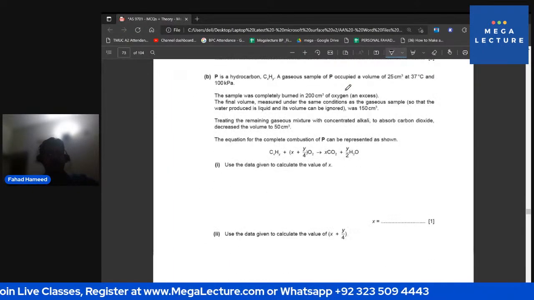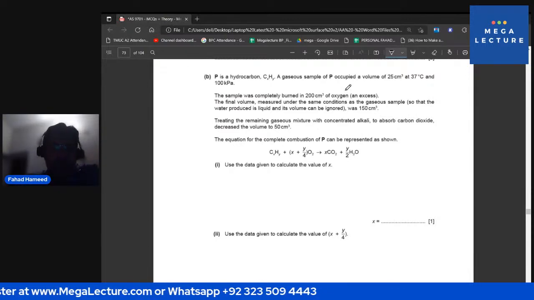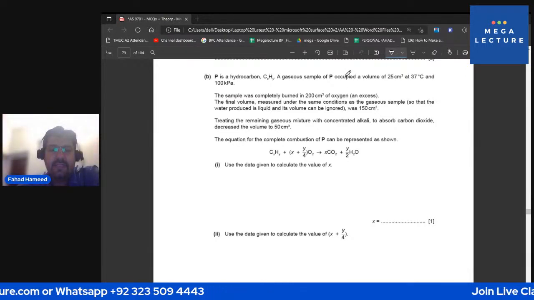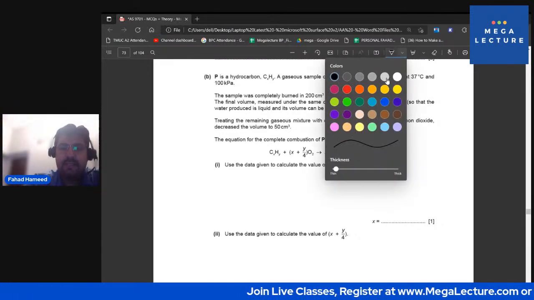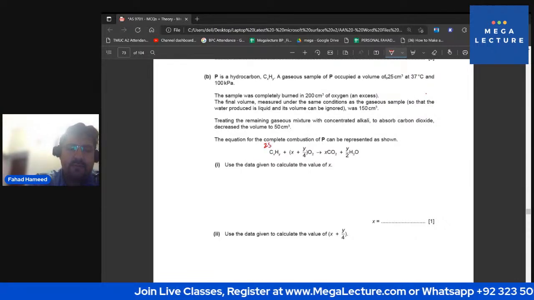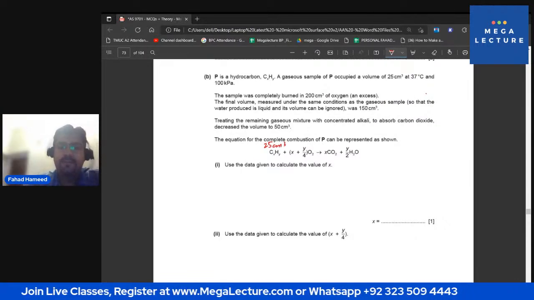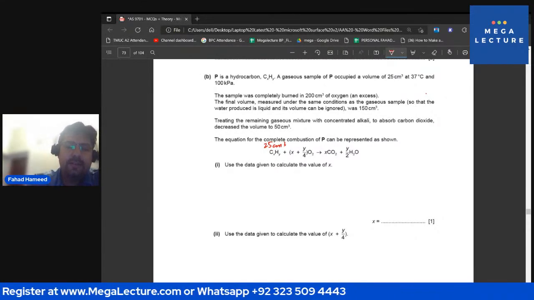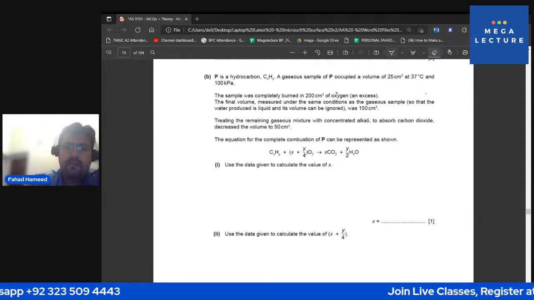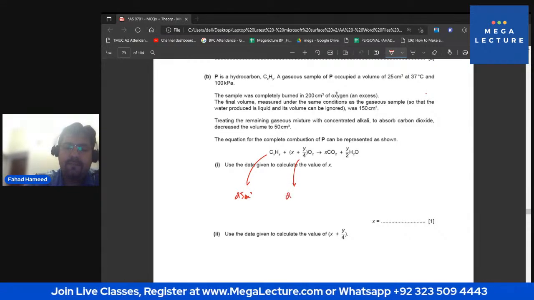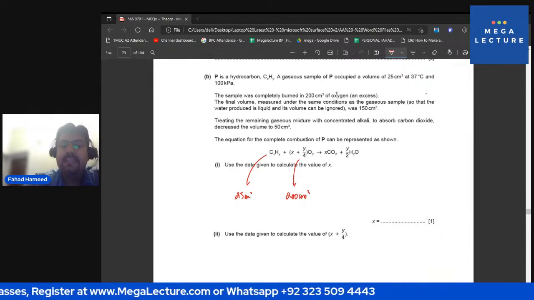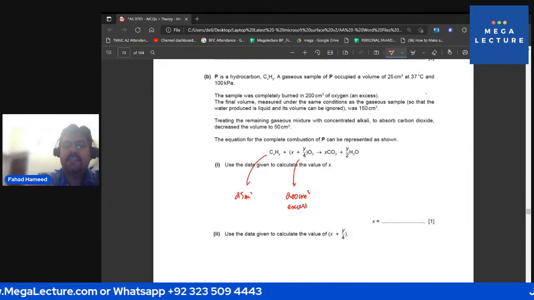do another question, which is very simple. This time he says there is P, which is CxHy, and there's 25 cm cube of it. That's 25 cm cube, and it's reacting with 200 cm cube of oxygen, which is in excess.